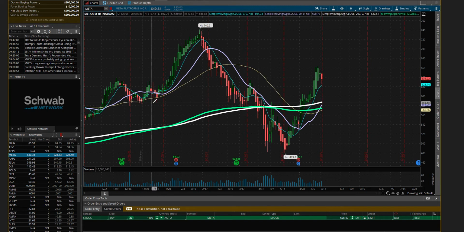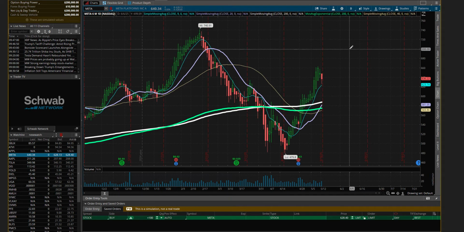Here you can see it respected the 40. Then as it started to head back up again, it got to the 9 and the 20 and respected those. And on this side, when it sold off, it respected the 9 heading down. So visually, this is a lot more appealing than the actual candlesticks.